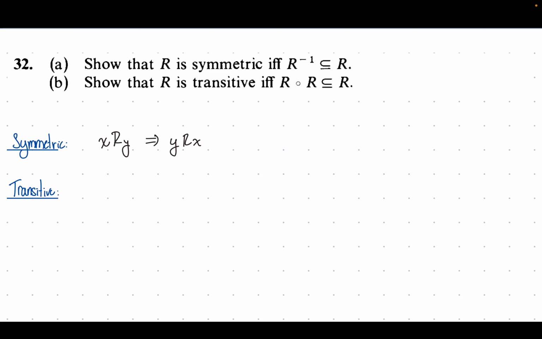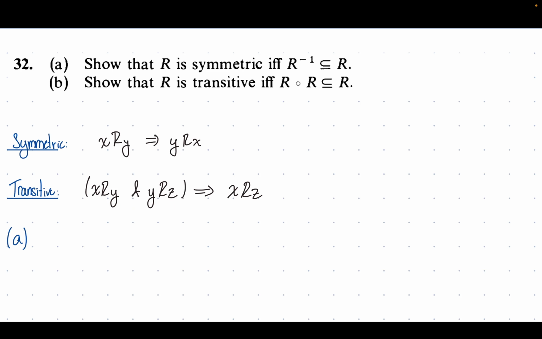So you can swap the elements of the ordered pairs around in the relation, and then you still get that they must be in the relation. And then transitive means that if X R Y is true and Y R Z is true, then it must be the case that X R Z is also true. So basically you link from here to here, and then from here you also link to here. That's the idea behind transitive and symmetric relationships.